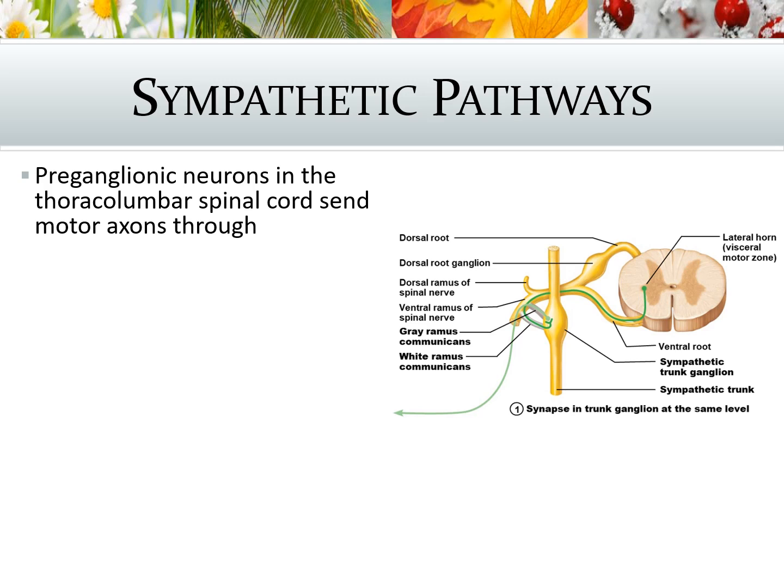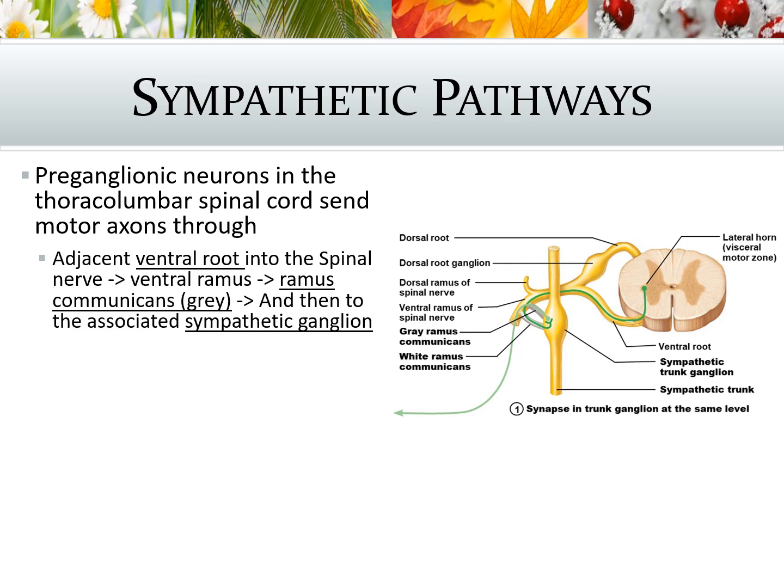When we talk about our preganglionic neurons, they all start in the thoracolumbar region of the spine, and they send those motor axons through the ventral root. Remember, we're still talking about a motor system, right? The autonomic nervous system is a motor system, so all the motor axons are running through the ventral root.